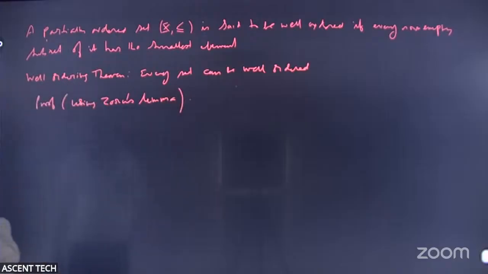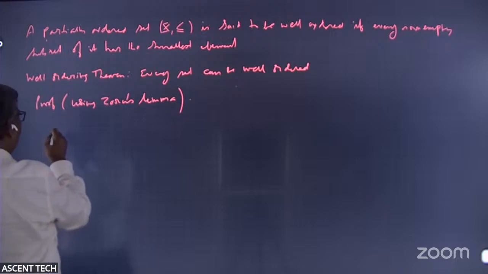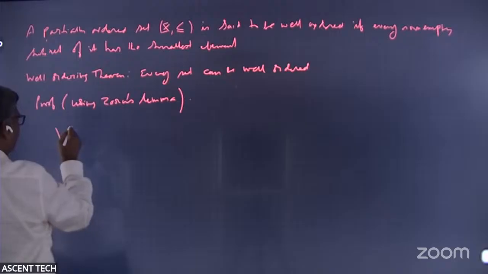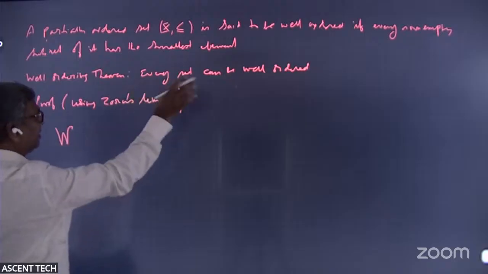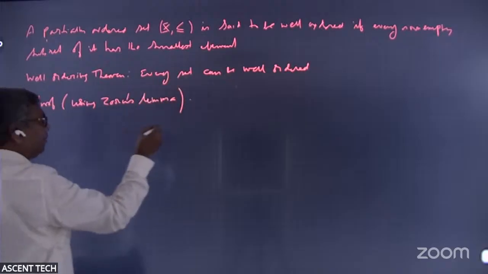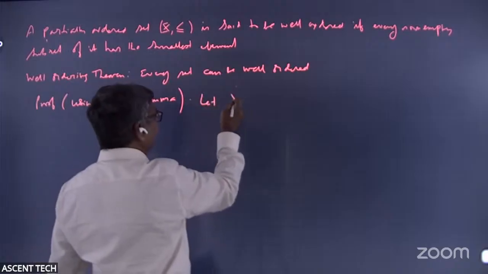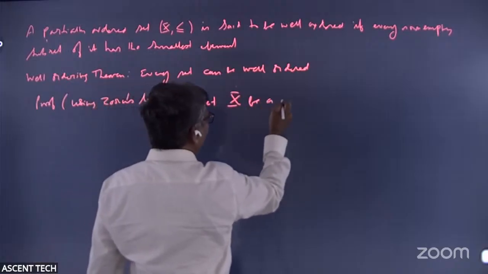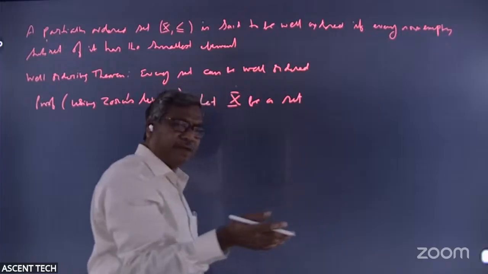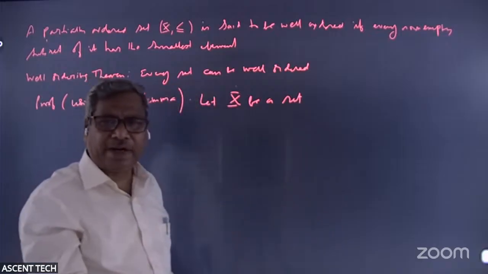Now, first of all, take a set. Let X be a set. It can be an empty set also. In the empty set case, I don't have to prove it.